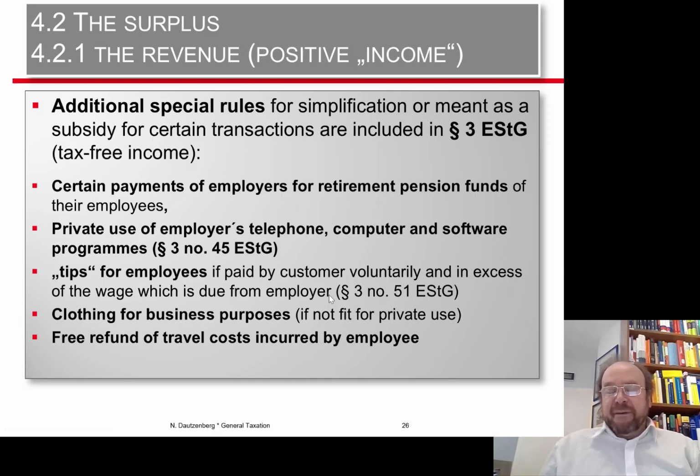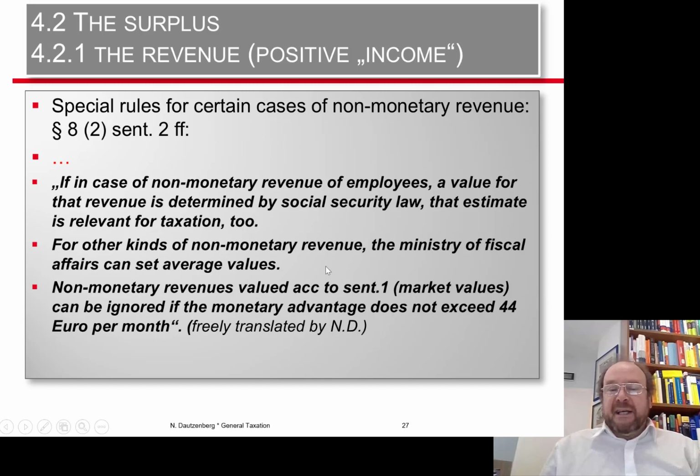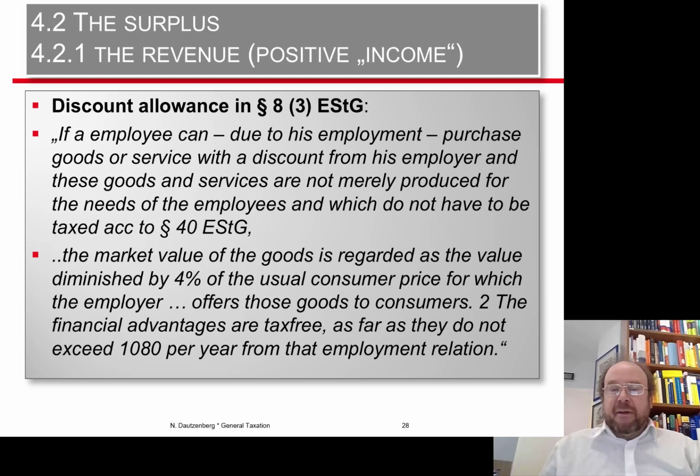You can freely refund travel costs to an employee without it being regarded as a revenue, and other things. Okay. A specific and very special rule really is in paragraph 8.3 EStG, rather a nice thing.